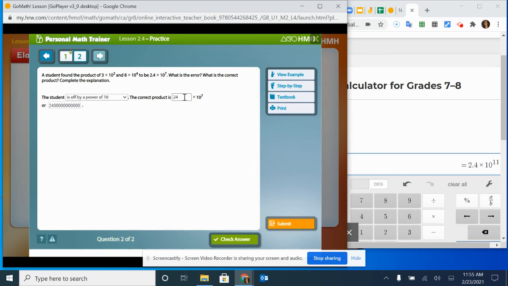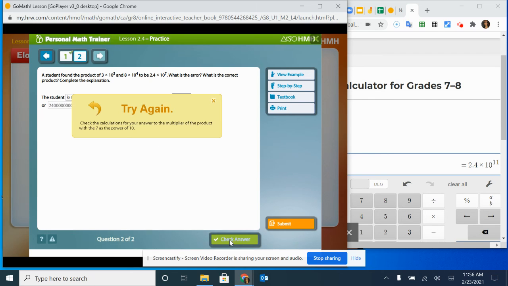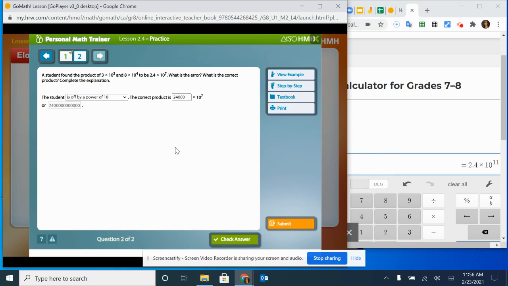And then if he would have done 7, then he needed how many more zeros? I'm going to check if I did it right. Check the calculations to your answer to the multiplier, the product 7 as a power. Because my correct answer is 24.